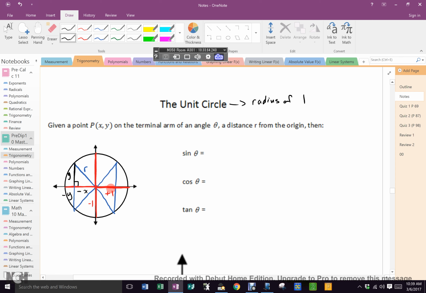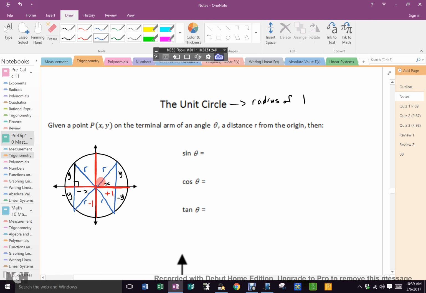What's this? Positive x. What's this? Positive y. What's this? Negative y. Everybody cool? And what are all of the blue lines? R. Correct?